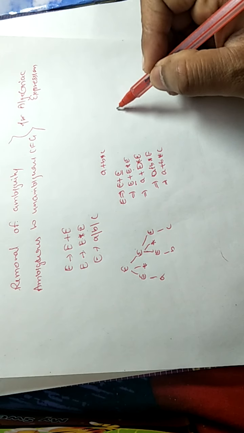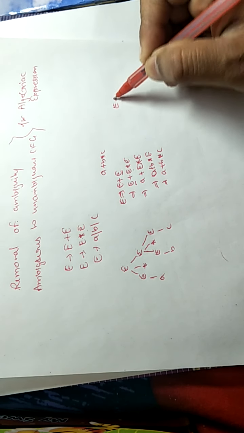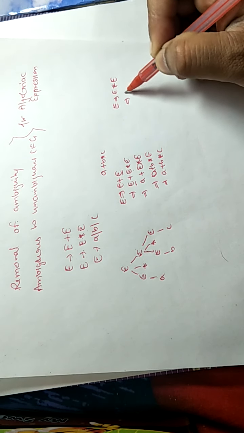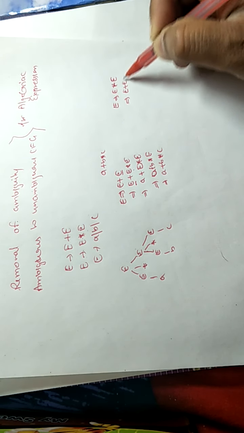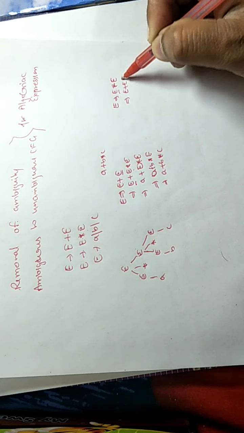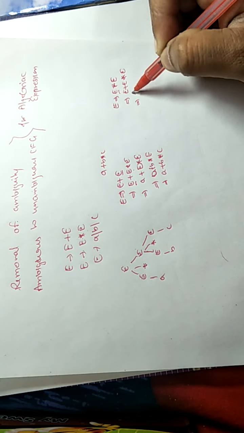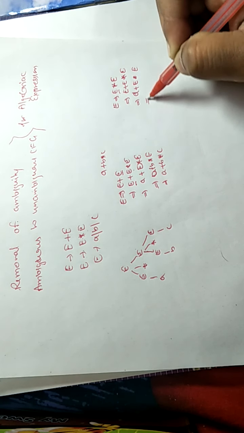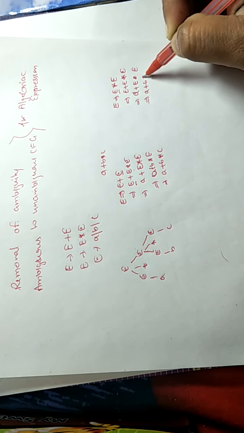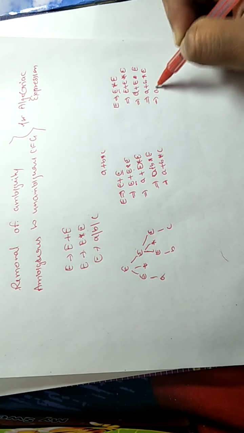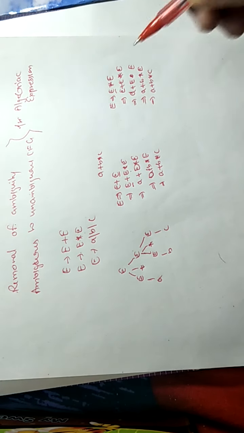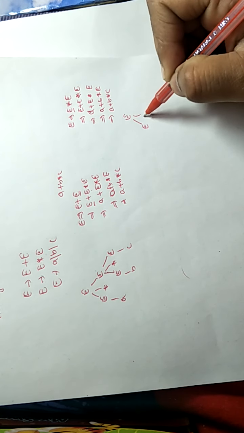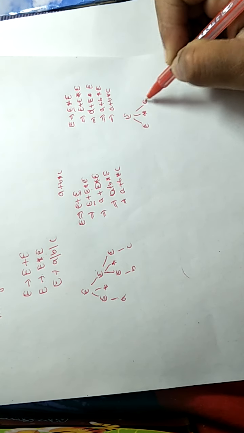We can also derive the same string using E tends to E plus E into E, then this E by E plus E, and this by a, the second E by b, and the last by c. And here the tree will look like this.